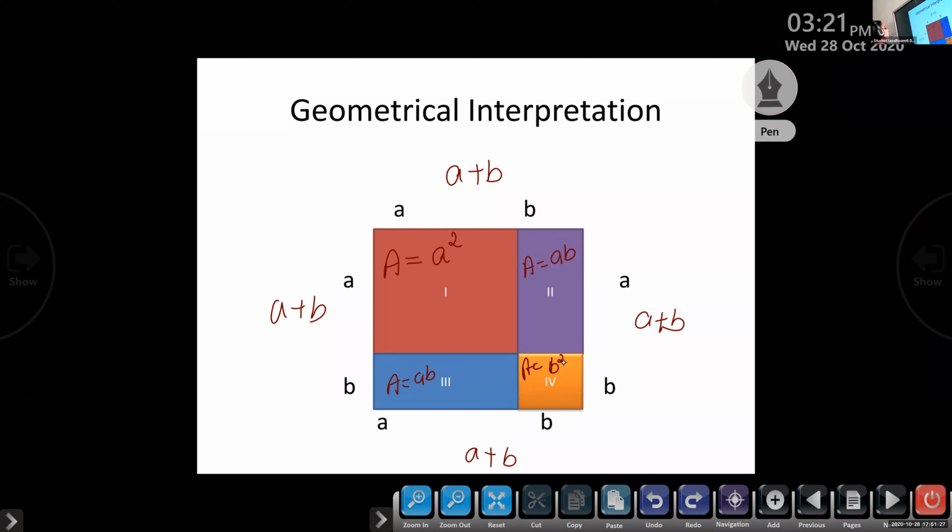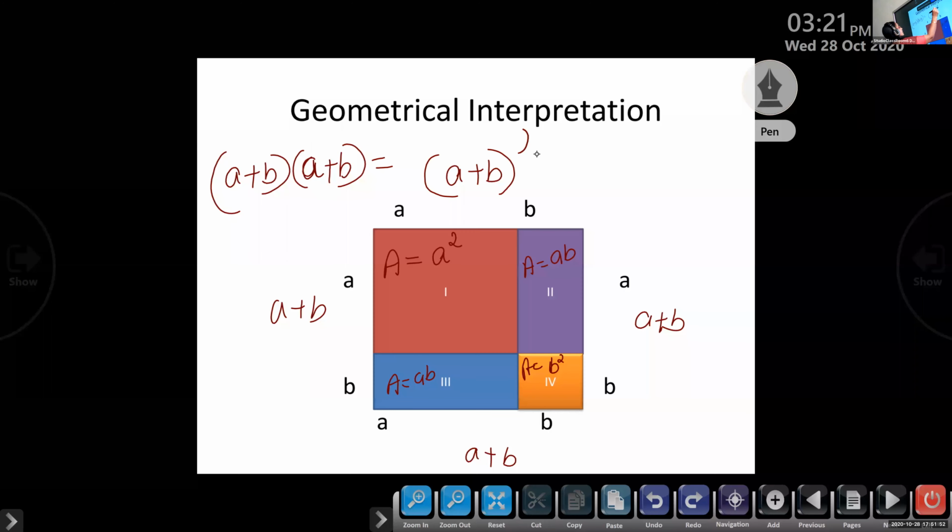Now, what will be the area of the whole figure? Since it is a square with one side a plus b, the area is (a plus b) into (a plus b), or we can write it as (a plus b) the whole square.